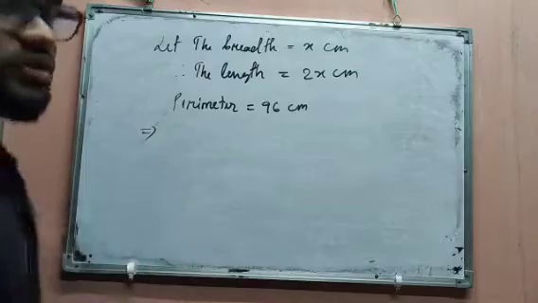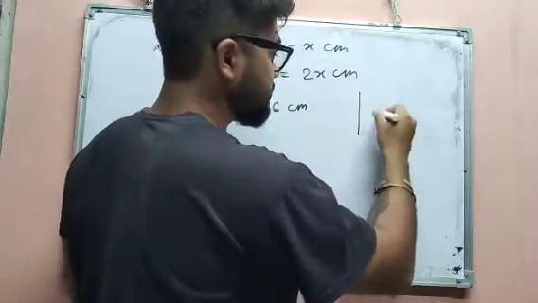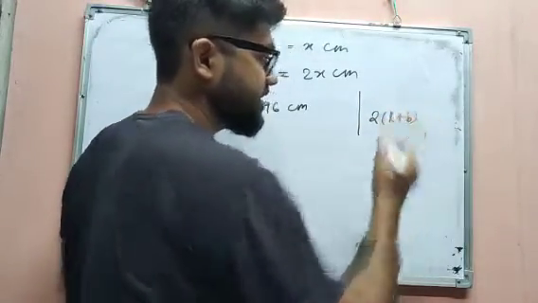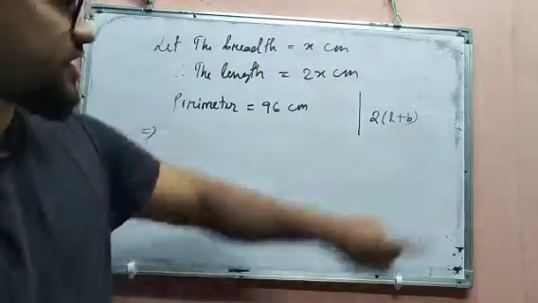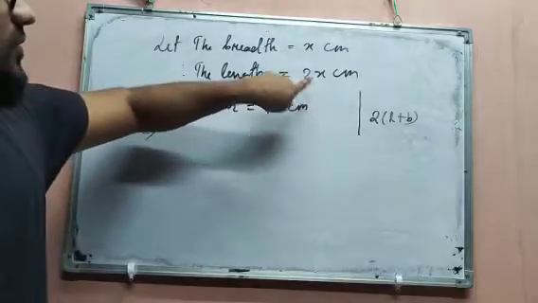So we know that the rectangle perimeter formula is 2 into (L plus B). L stands for length and B stands for breadth. Here length is 2x and breadth is x.